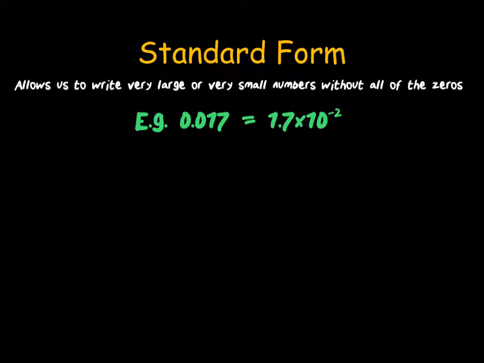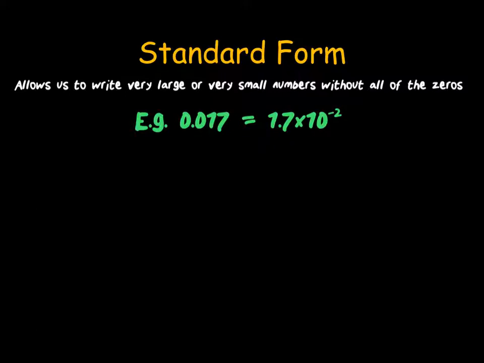So, for this number here, 0.017, we have moved the decimal point once and then twice. As we have moved to the right, this is written as a negative number, so -2. The number in front of the times 10 must be a value between 1.0 and 9.9.